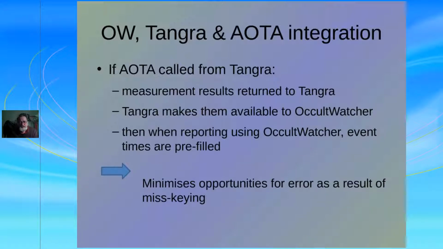You just measure it in Tangra, call up IOTA, click a few things, and it automatically finds the event and here are the results. Close down IOTA, close down Tangra, open up Occult Watcher, and send off the report. I don't want to emphasise that too much because that's the most optimistic scenario. Usually it's a bit more complex than that, but that's where we're at. Next slide.